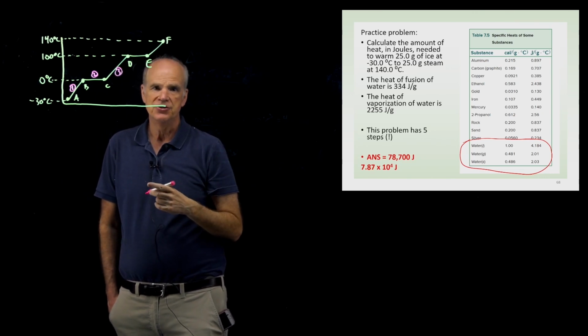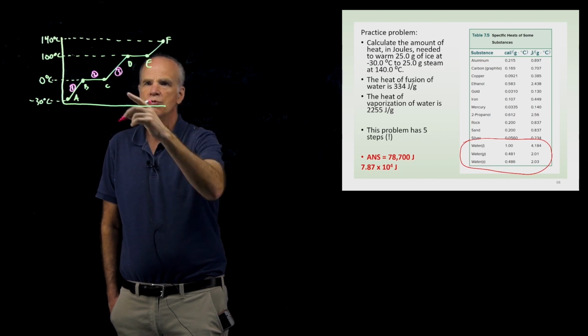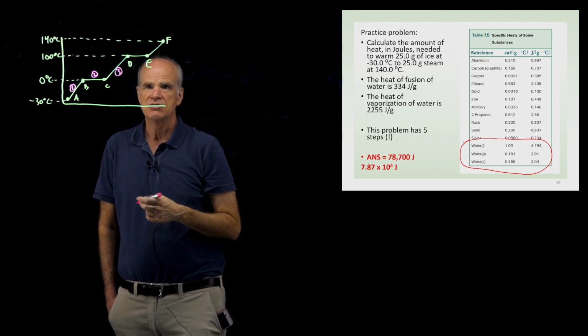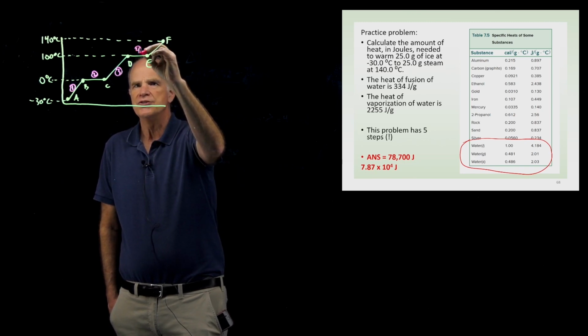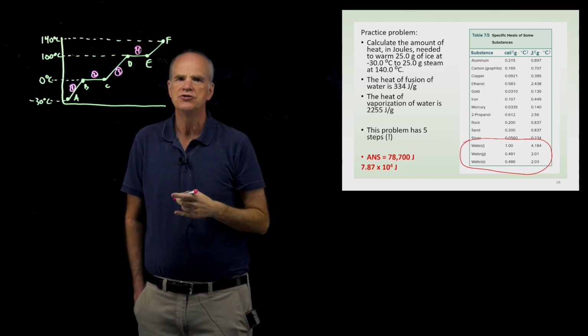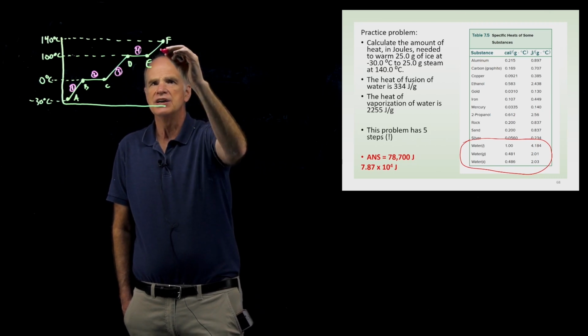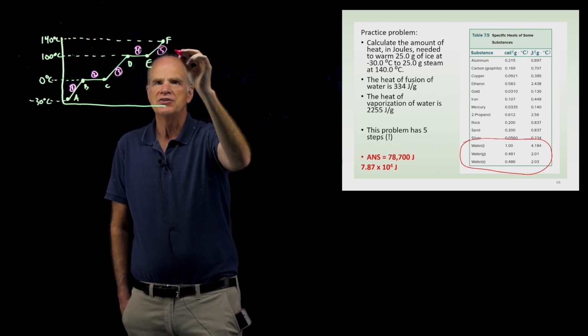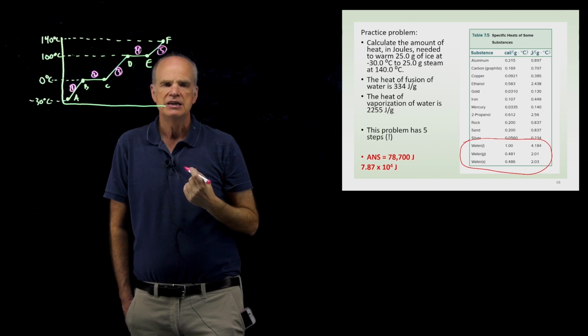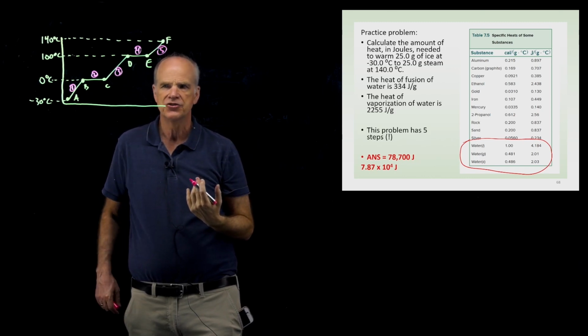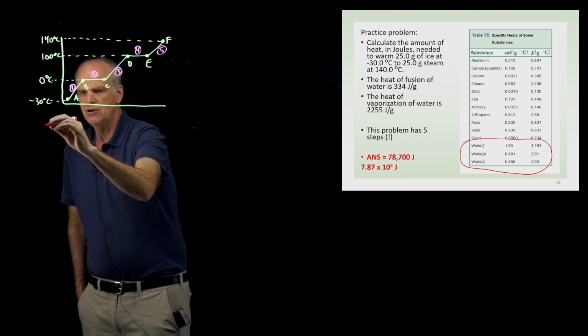So the third step is to figure out how much heat is needed to warm up that mass of liquid water from 0 degrees to 100 degrees Celsius. The fourth step is to figure out how much energy is needed to boil or vaporize that mass of water. And then finally, the fifth step is to figure out the heat needed to heat up that mass of steam to 140 degrees Celsius. And so let's go ahead and try this.